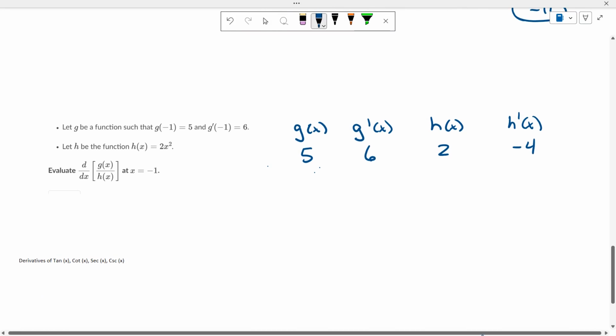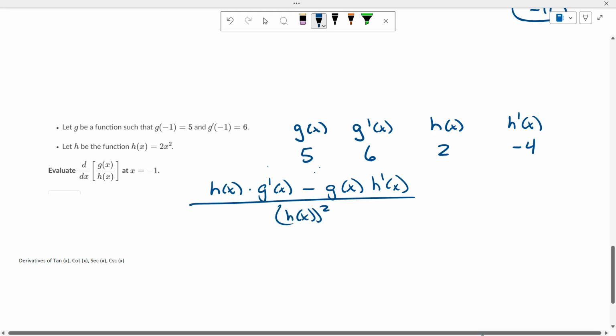Now, we go through it. So it's h of x times g prime of x minus g of x times h prime of x all over h of x squared. So it's 2 times 6 minus 5 times -4 over 2 squared.